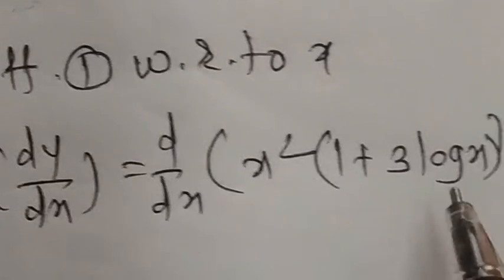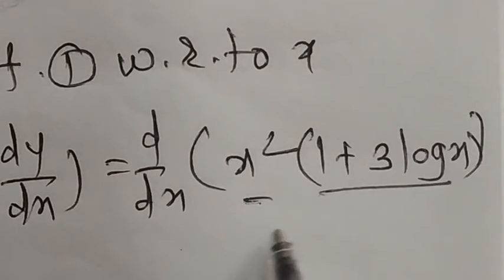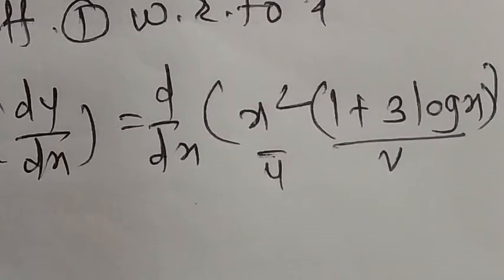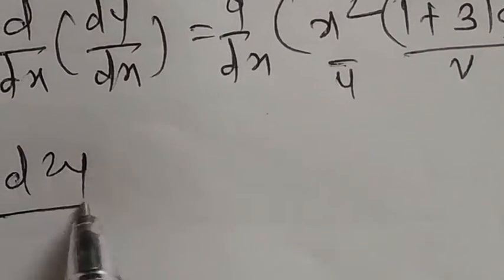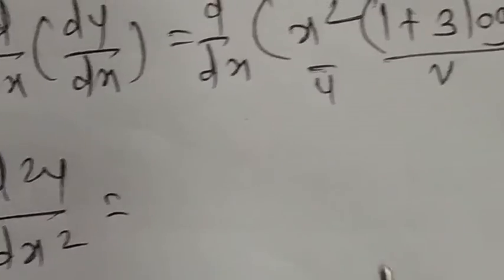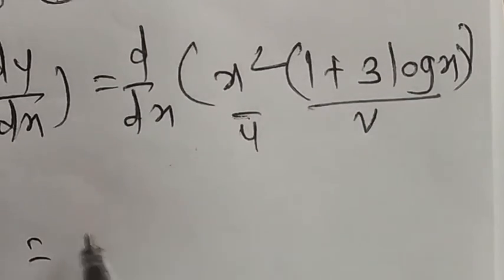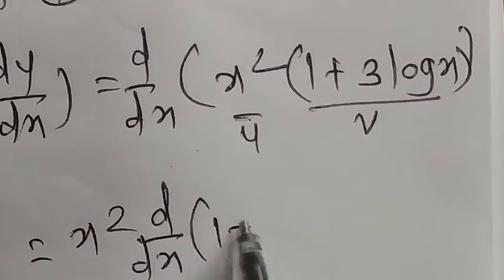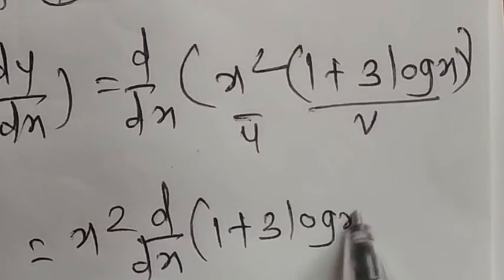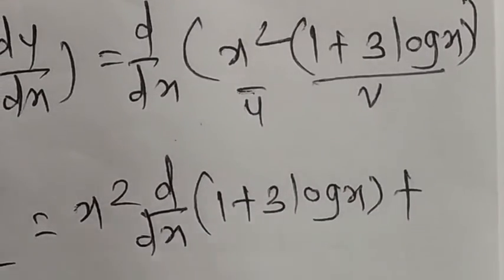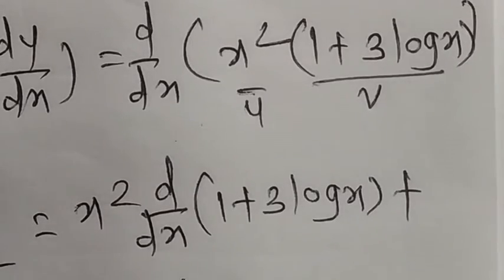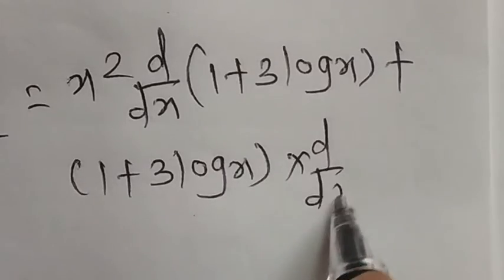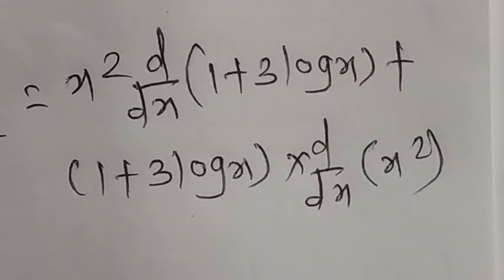Now again there are two terms multiplied, so we will take u into v. Here d2y by dx square equals first function x square into derivative of the second, 1 plus 3 log of x, plus second function 1 plus 3 log of x into derivative of first, x square.